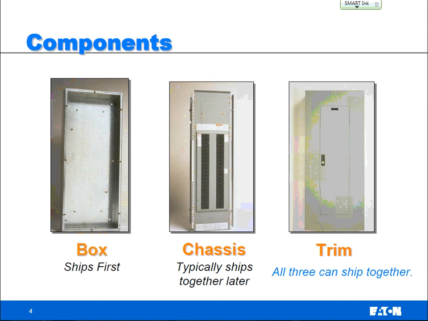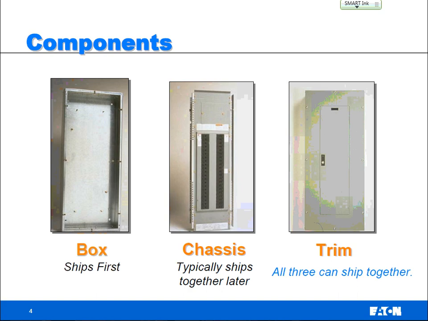This is the interior of a panel board right here. It's a small one, so I can get her up to this room. But generally speaking, when I talk about a chassis, this is what we're talking about. You can see from the front the definitions, live front and dead front.